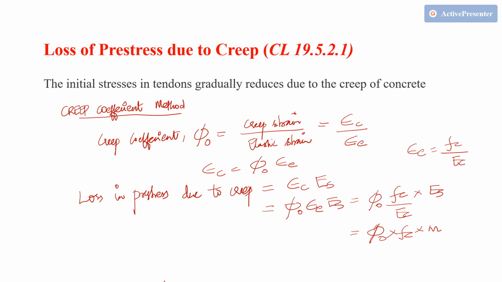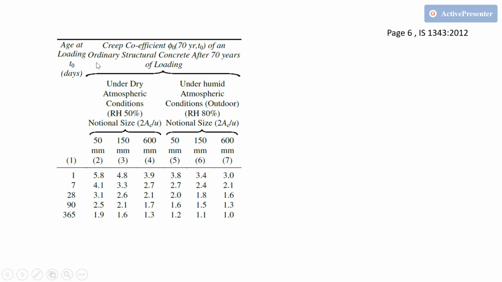The creep coefficient is the only unknown term, and that can be easily found from your IS 1343:2012. It gives the creep coefficient phi naught for 70 years of an ordinary structural concrete after 70 years of loading.